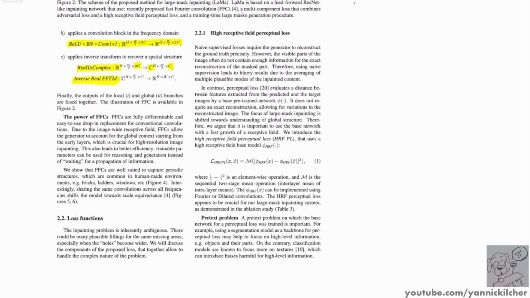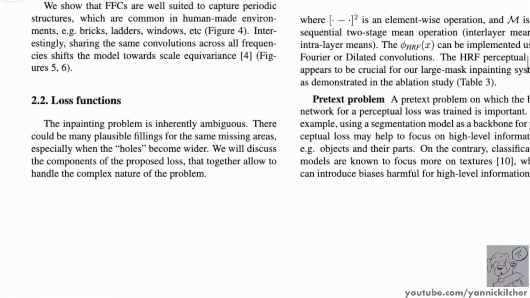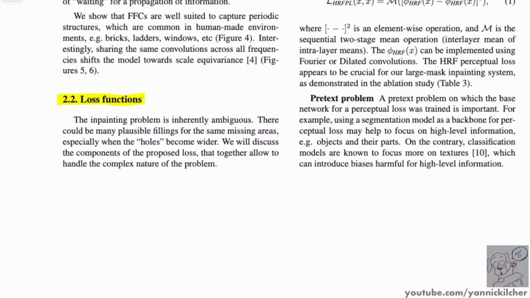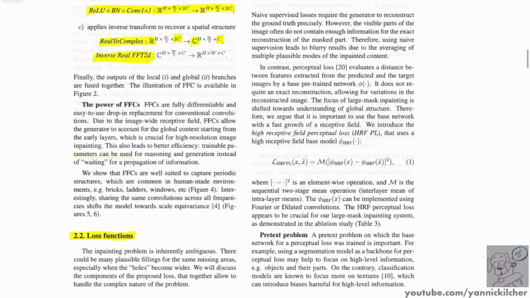They do have other improvements right here, and it's crazy to see just how much engineering and how many tricks go into these models to really get them to work. So they also stress that the loss function is a really important topic right here, because you can't simply reconstruct the original image.